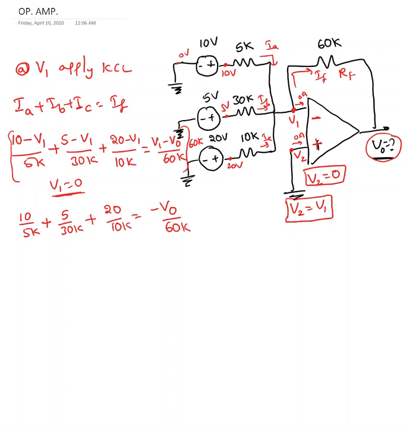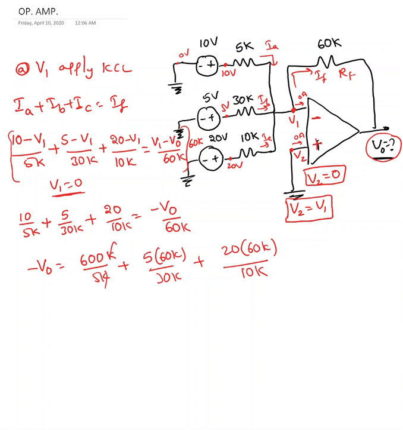Now I'm going to bring 60K to the other side. I will end up with minus V0 equal to 600K over 5K plus 5 times 60K over 30K plus 20 times 60K over 10K.